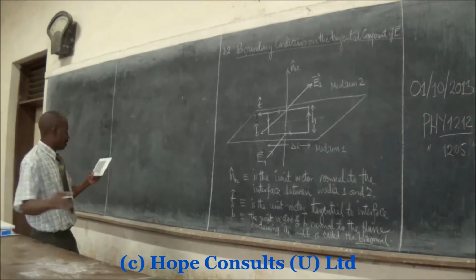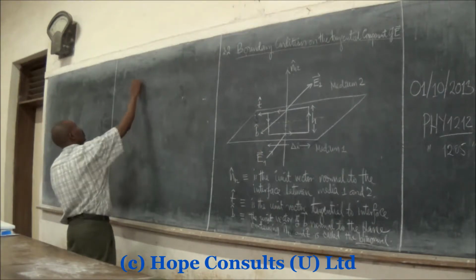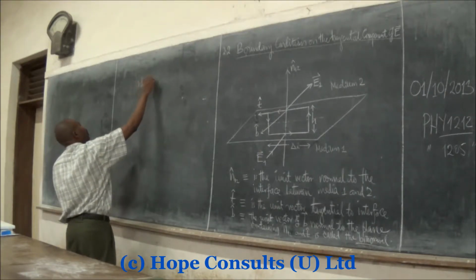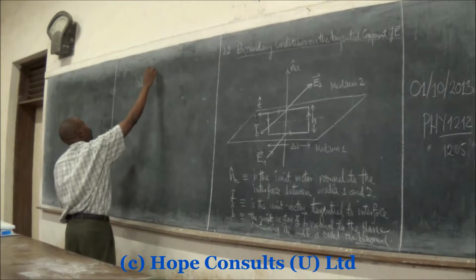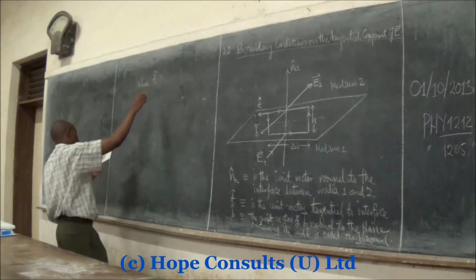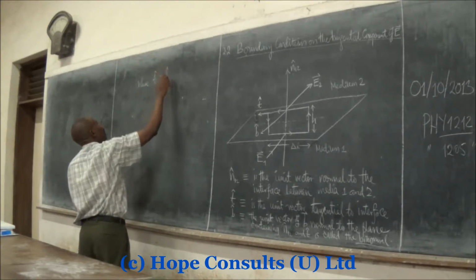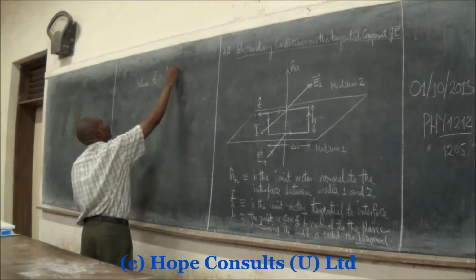So we have that T roof is equal to B cross N12.